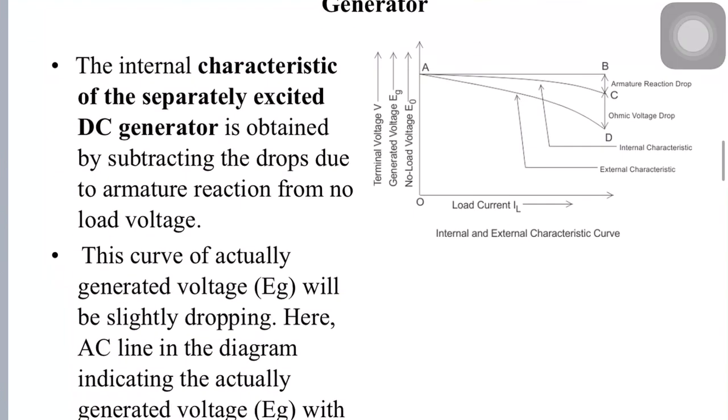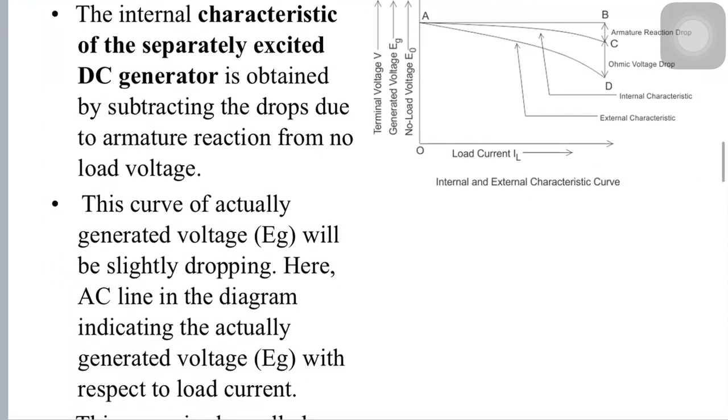Internal characteristics is generally the curve drawn between the load current IL and the terminal voltage V. It is obtained by subtracting the drops, that is, the voltage drop due to armature reaction and some resistive drop, from the no load voltage.